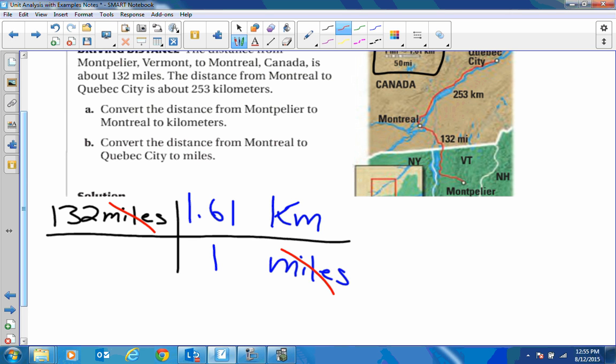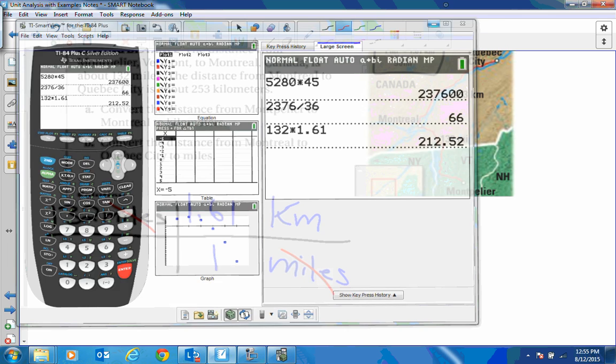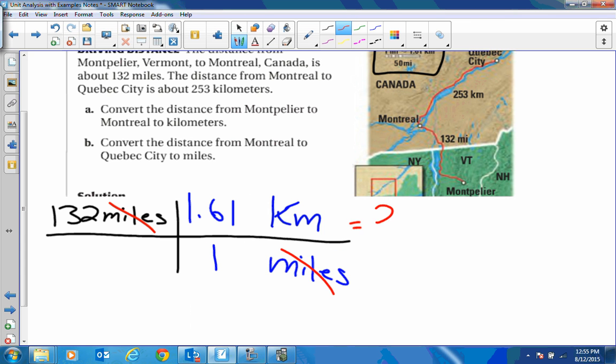We have 132 times 1.61, which is 212.52 kilometers, because that's the only unit we have left, okay? And that's how you would go about doing that.